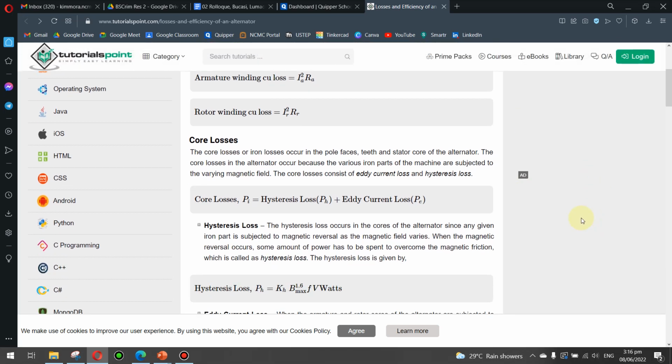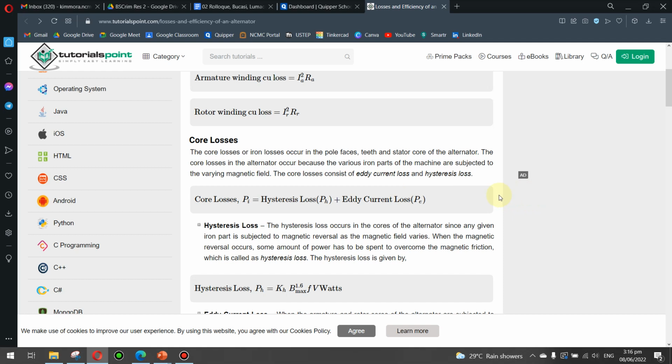The core losses, or what we call the iron losses, occur at the pole faces, the teeth, and the stator core of the alternator. The core losses occur because the various iron parts of the machine are subjected to the varying magnetic field, the metal around which your winding is wound, or in your rotor.